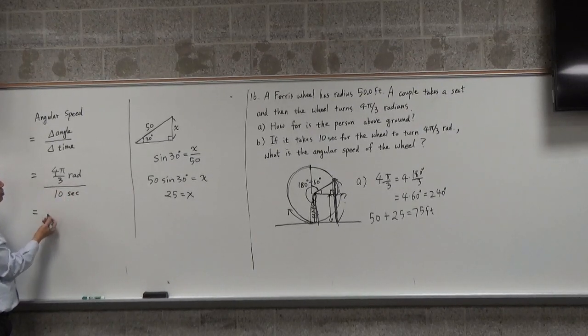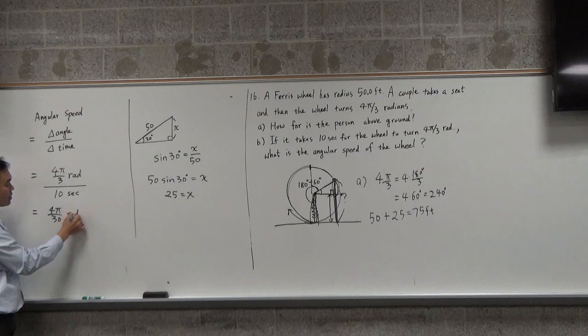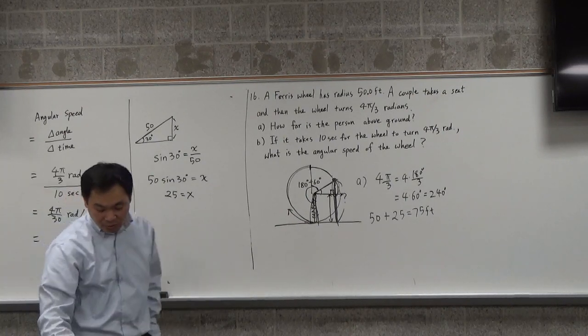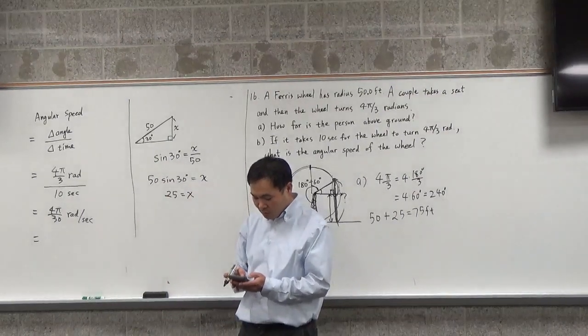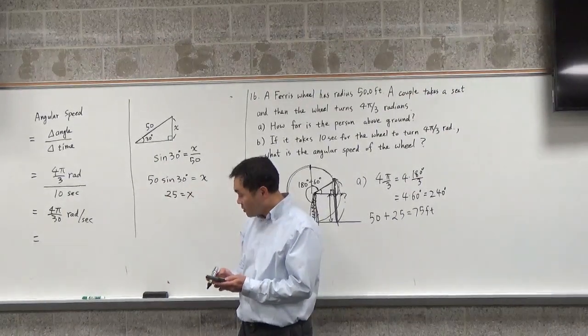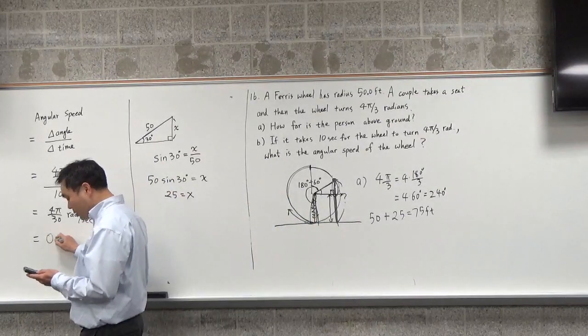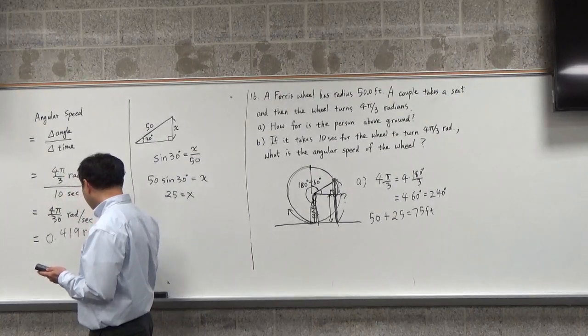And that gives you 4 pi over 30 radians per second. And you can use a calculator for this one. 4 times pi, and then divided by 30, gives you 0.419 radians per second.